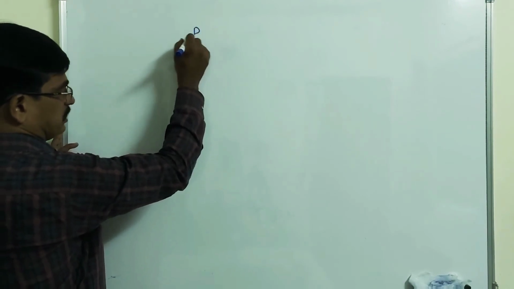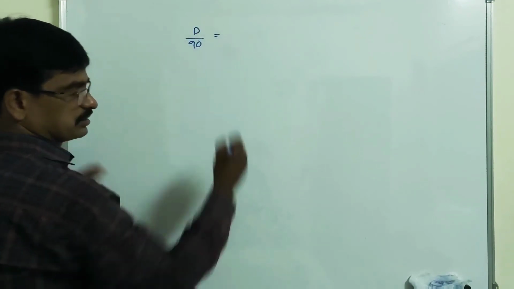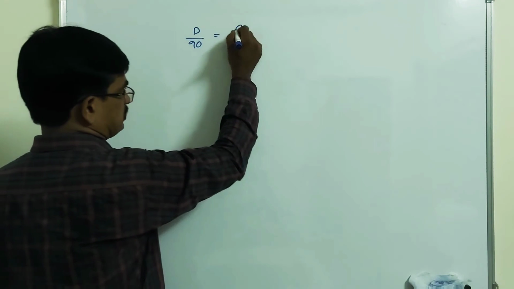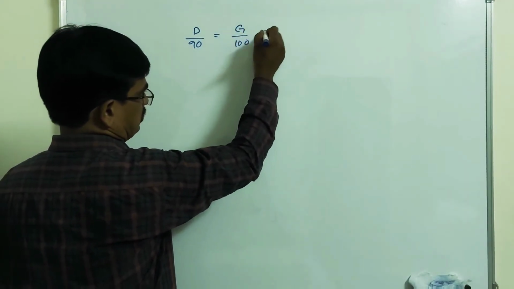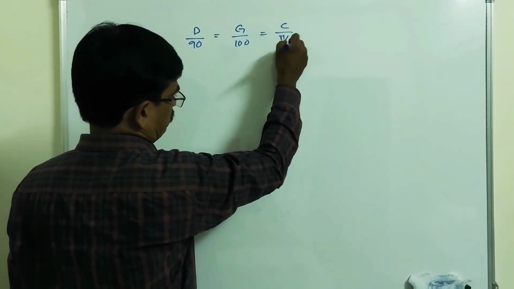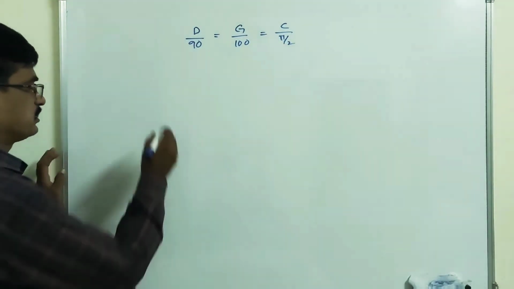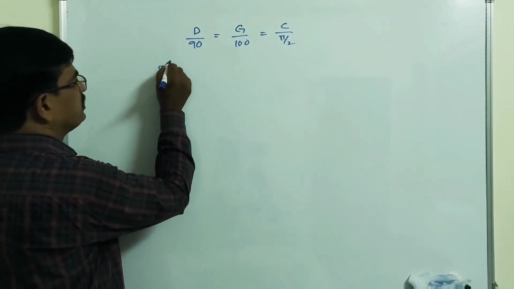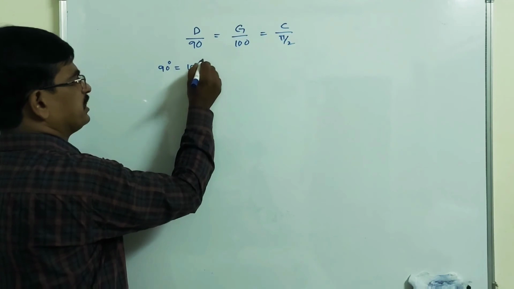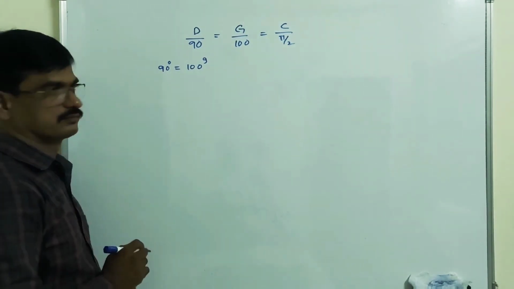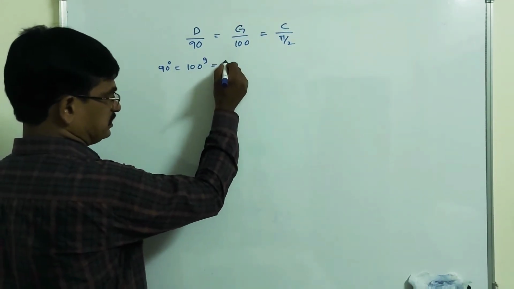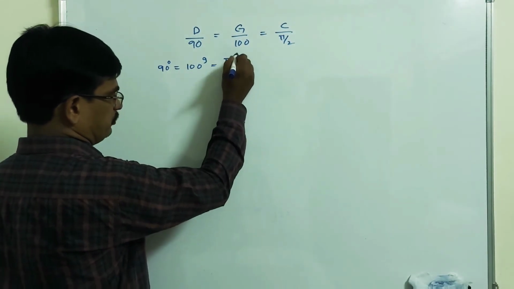First I will write again the relationship between the sexagesimal, centesimal, and radian measures. 90 degrees is equal to 100 grades, and 100 grades is equal to pi by 2 radians.